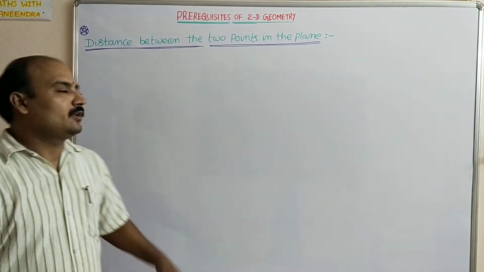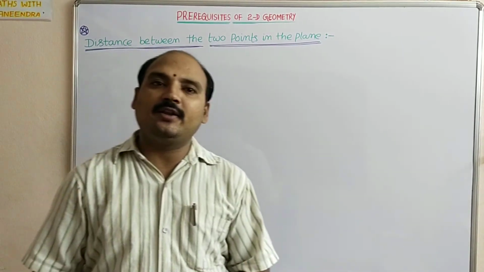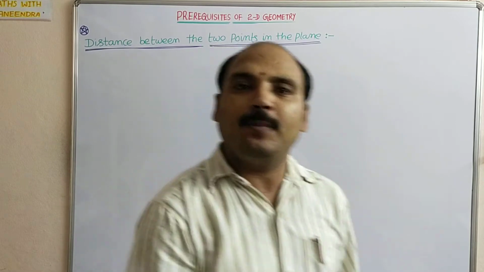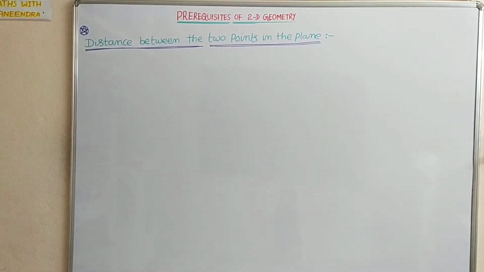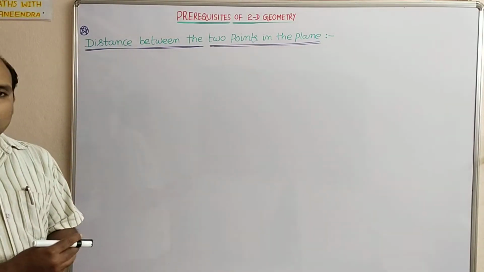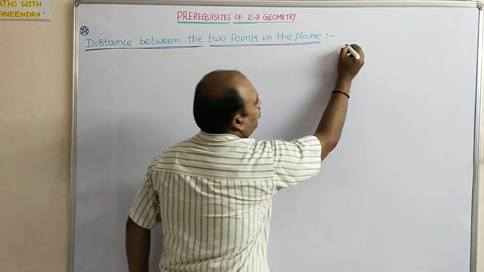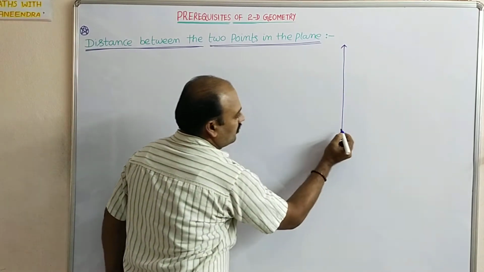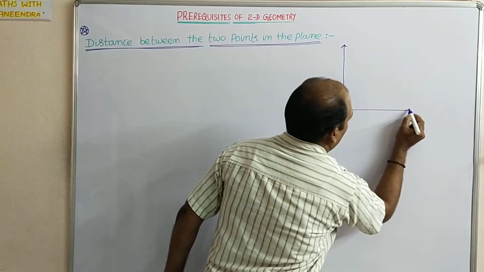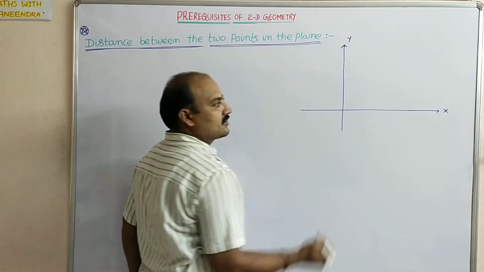The next concept: distance between 2 points in the plane. How to calculate the distance between 2 points in the plane. So consider 2 points in the plane. See here how we are going to do it. This is the x-axis, y-axis.